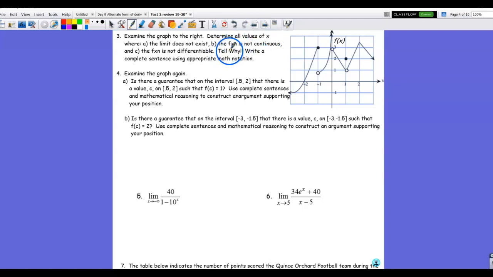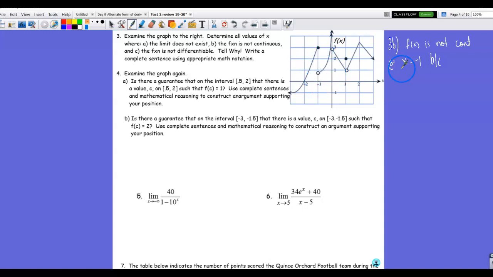And now our lens is different. We're looking at the same graph, but we're looking at it from a continuity point of view. So I know that in 3b the function f of x is not continuous at x equal to -1 because up here there is a y value.